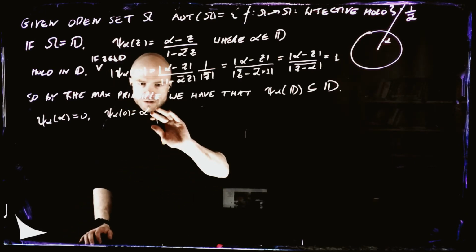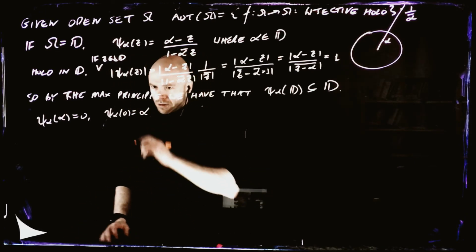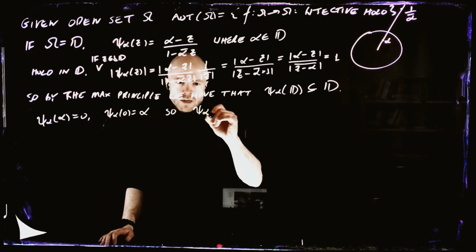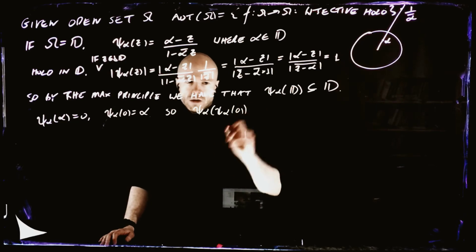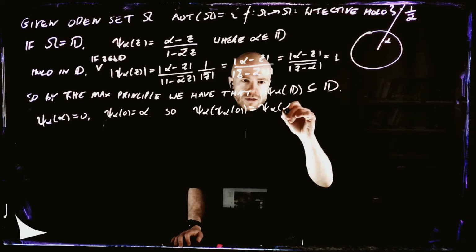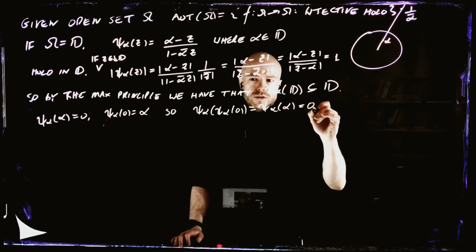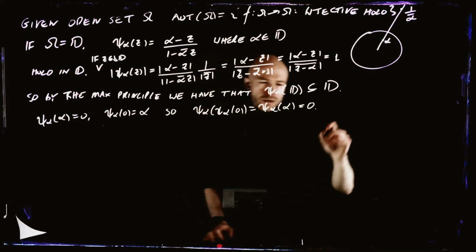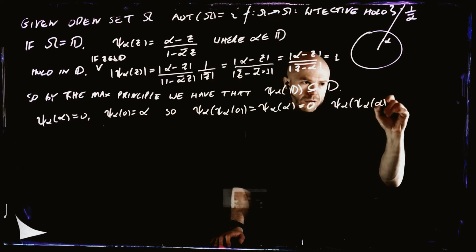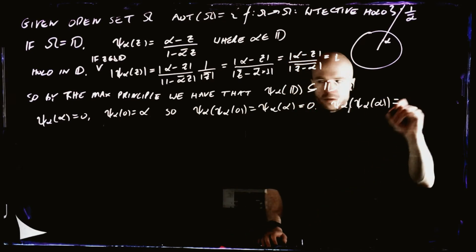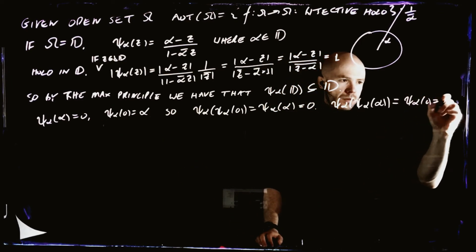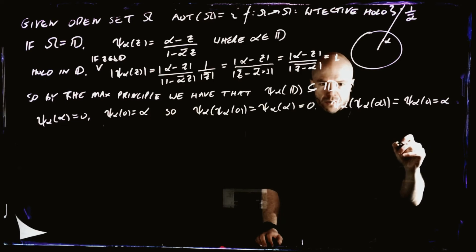So this thing is fixing 0, right? And then phi alpha of alpha is equal to phi alpha of 0, which is equal to alpha. So it's also fixing alpha.